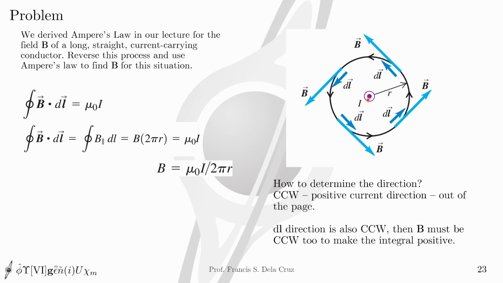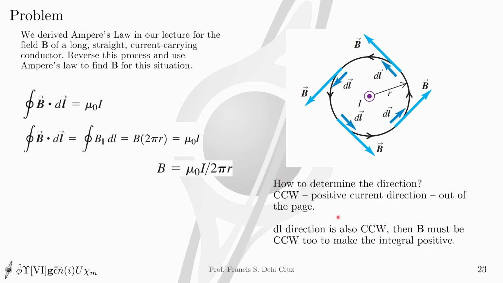It will go out. So to follow the right-hand rule, the magnetic field will encircle the current in a counterclockwise manner. But if dl is in the opposite direction, it's clockwise. It means that the current is going into the page, not out of the page.